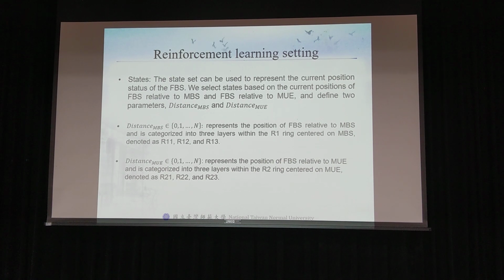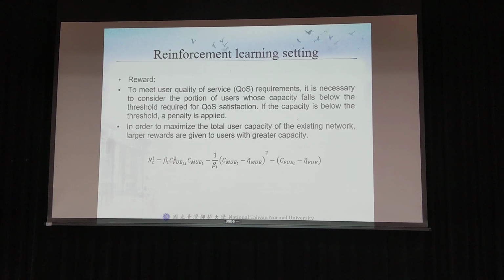The next is the distance to the MUE, which is the blue ring. This is how we represent the state of the FBS.